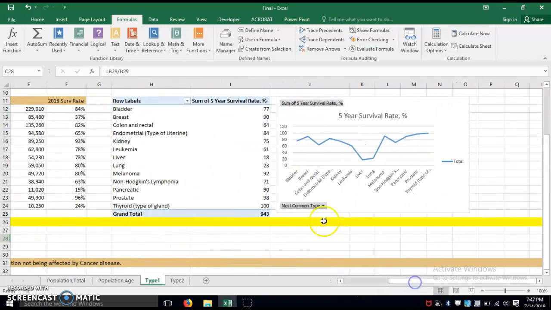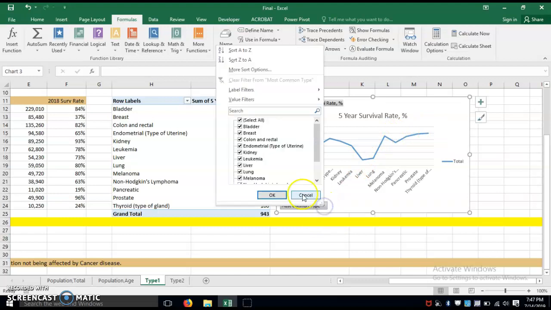And here I created the line which shows the 5-year survival rate. So let's see. The most common type of cancer is breast cancer. The least common type of cancer is liver cancer. Also, there is a very uncommon type of cancer, which is thyroid cancer.